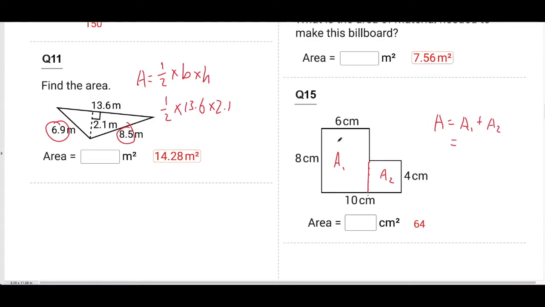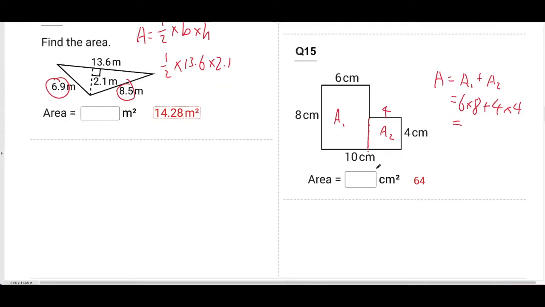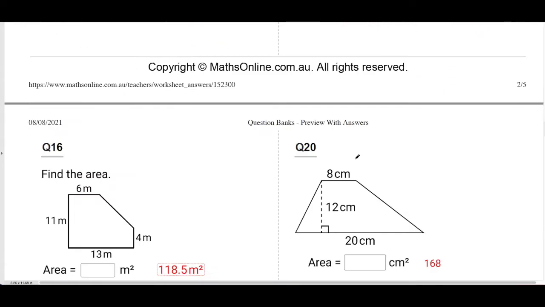So what's A1? A1 is 6 times 8, right? And what's A2? Well, A2 is 4 times this length. Now, what's this length? Well, this is 10. This is 6, so this needs to be 4, right? 6 plus 4 gives you 10. And that should give you the 64 that you need here. Okay. So question 15, I'm surprised that a lot of you got this wrong. Very surprised.